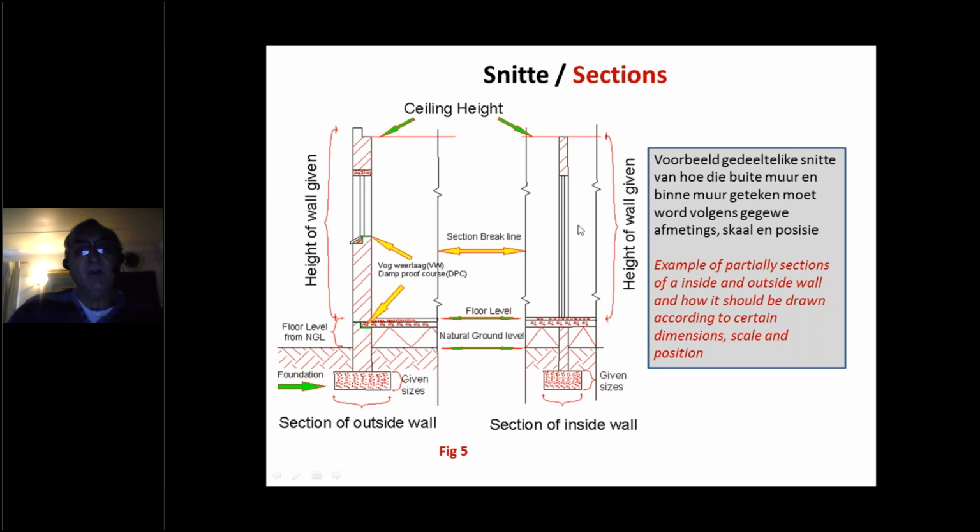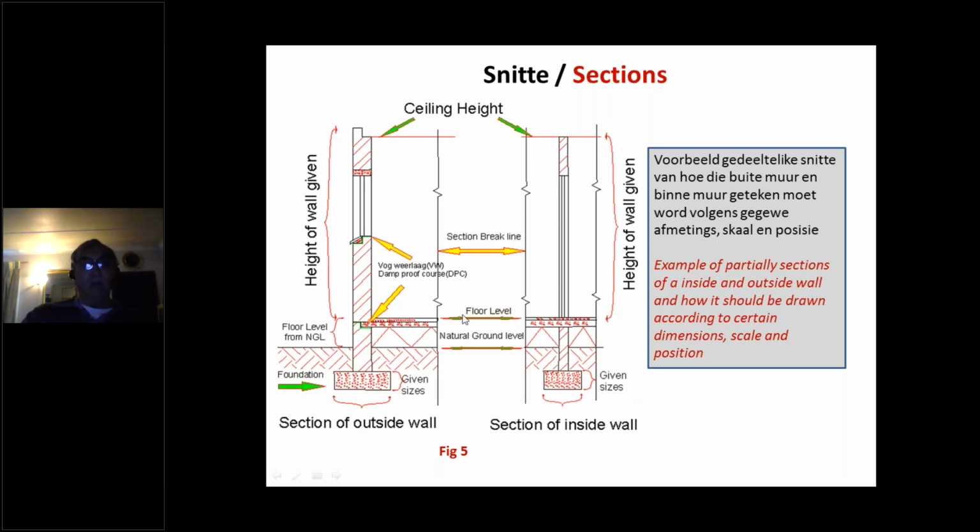Or you put a door on the inside wall, or a door on the outside wall, which will look exactly the same. A few things that you'll have to keep in mind if you do a partial section is to put a section break line on the position where you stop your drawing. All the lines will go up to the section line.